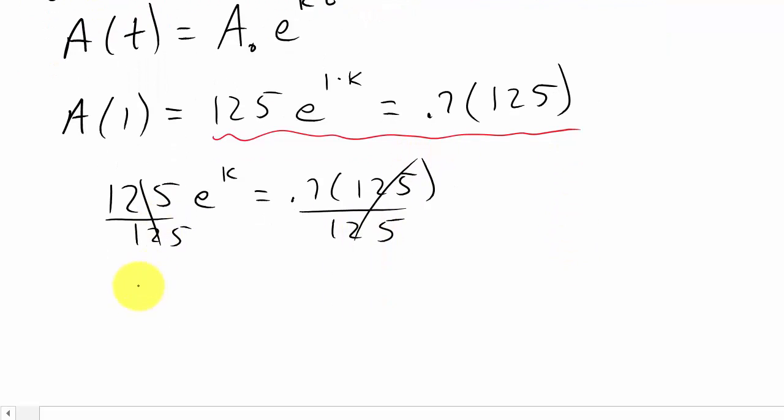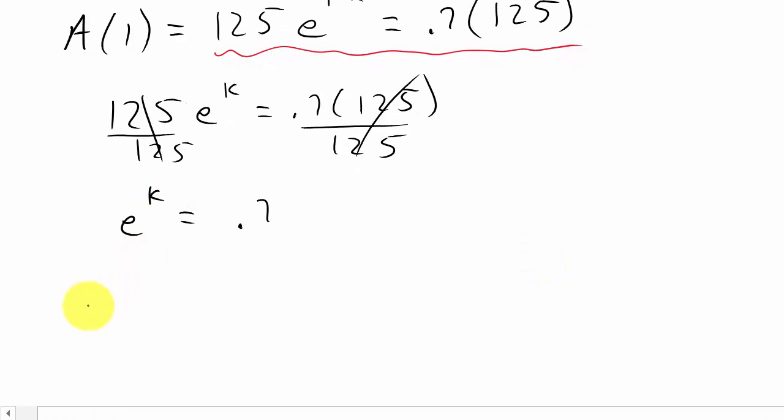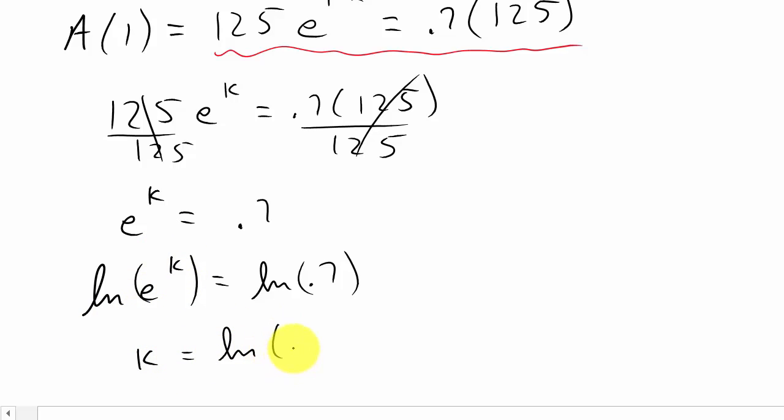And so I have e to the k is equal to 0.7. Now I need to solve for k. To solve for k, we take the natural log of both sides. On the left-hand side I get k equals the natural log of 0.7.